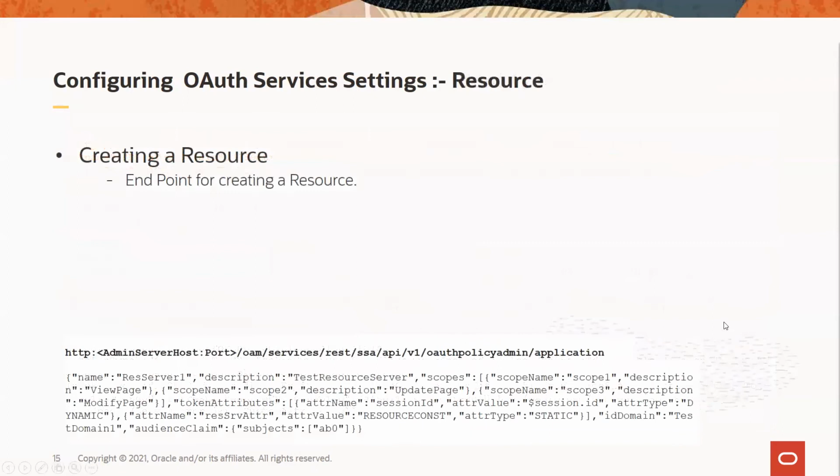Similarly, looking further into creating a resource, we have a resource endpoint. This is an example to show the resource server being created. Then we have other attributes, like session ID, whether it is dynamic or static, a resource server name, to which identity domain it belongs, what are the scopes allowed. All those things are part of the resource creation here.